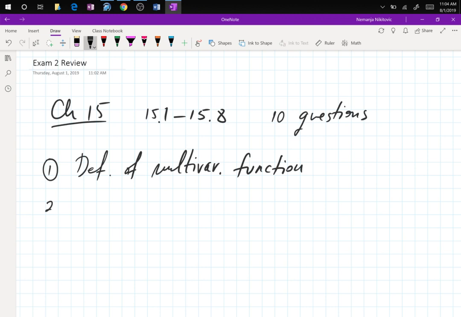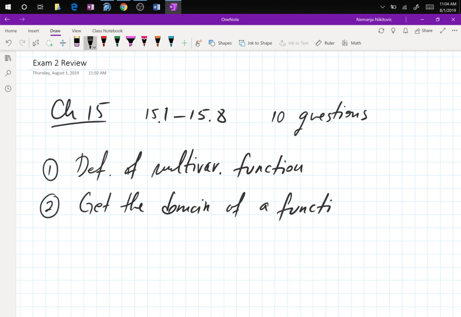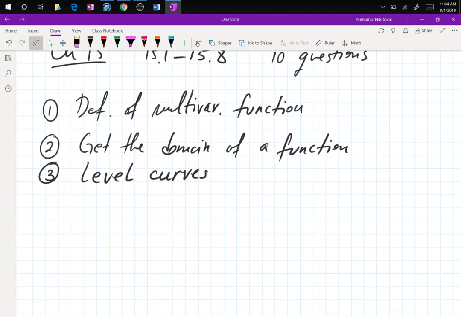Another skill that you definitely need to know is to get the domain of a function. Number 3, level curves. We said those are the cuts.